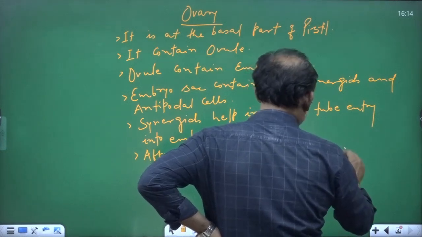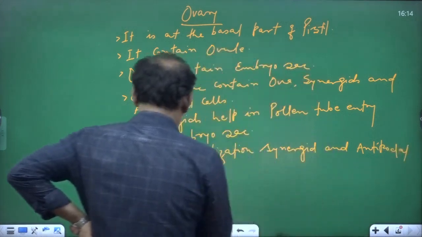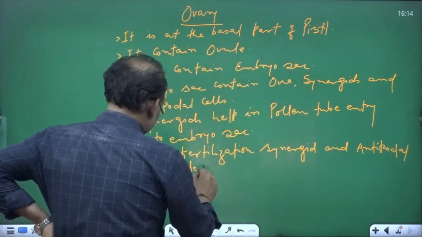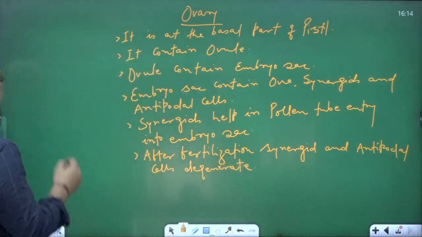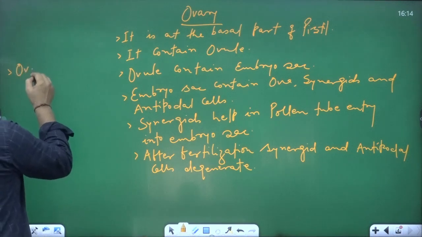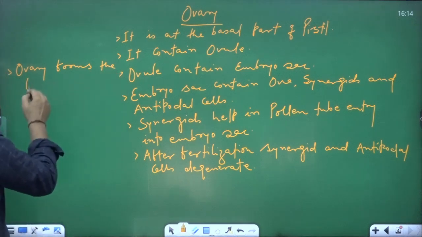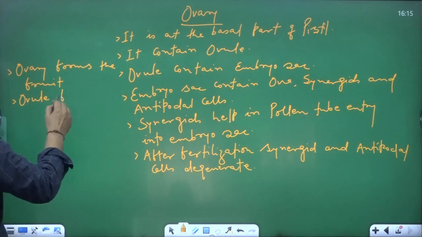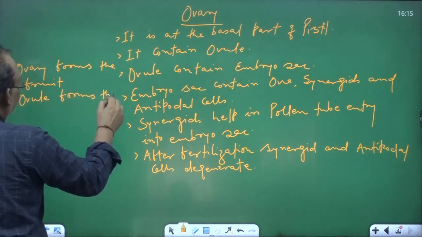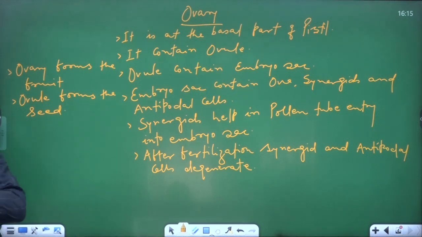Synergid and antipodal cells also degenerate, right? So you can write that ovary forms the fruit, ovule forms the seed. Ovary forms the fruit and ovule forms the seed.